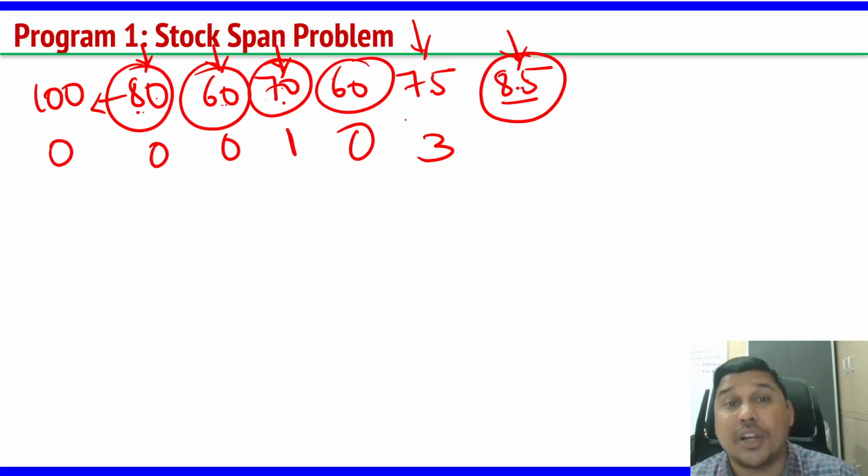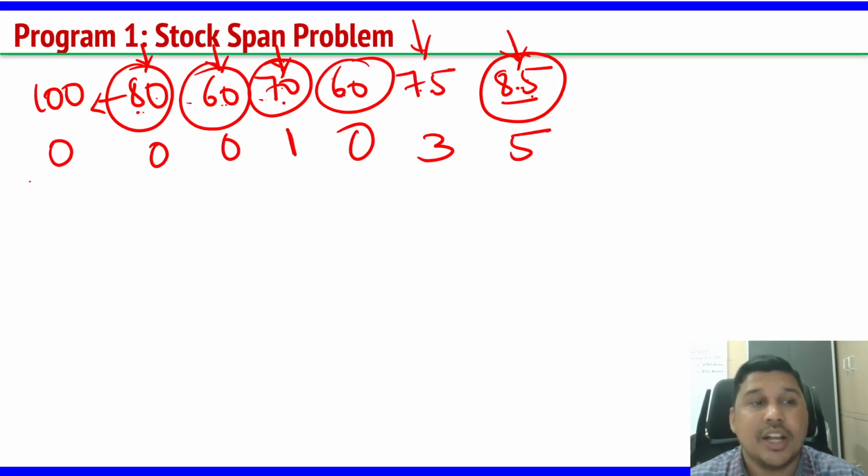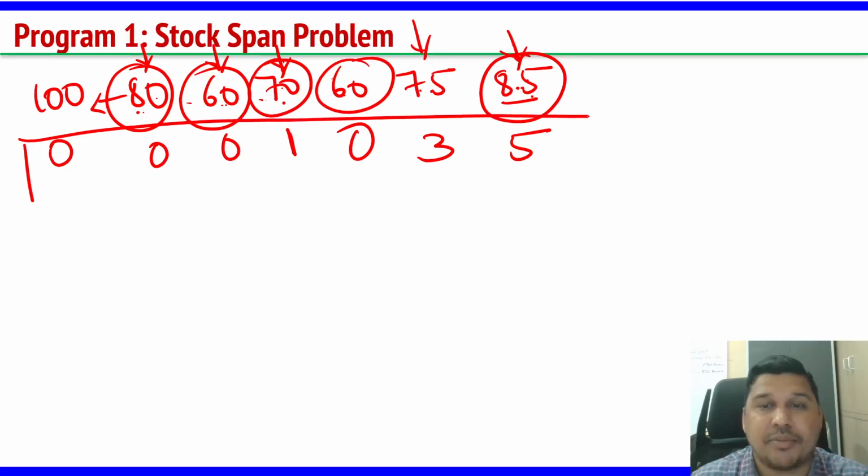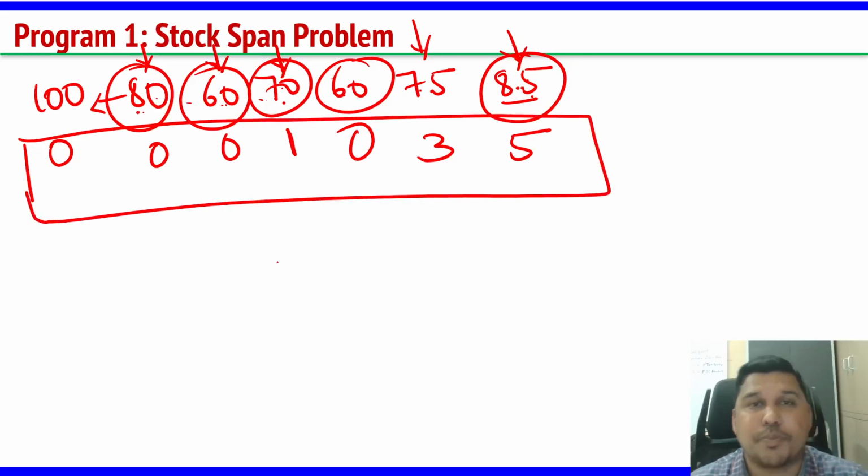So how many consecutive days was the stock value less than 85? 1, 2, 3, 4, 5. 5 days, right? So this is your stock span.